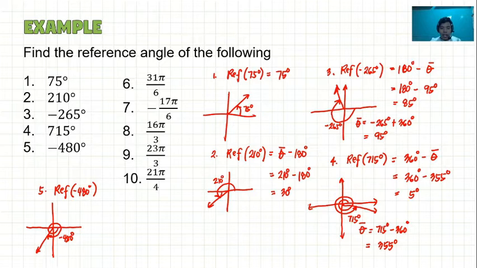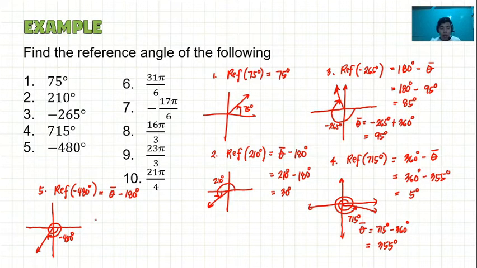So if the angle is at quadrant 3, our formula will be theta bar minus 180 degrees, right? But we need to look for the value of theta bar first.